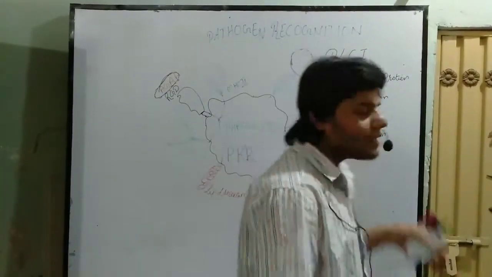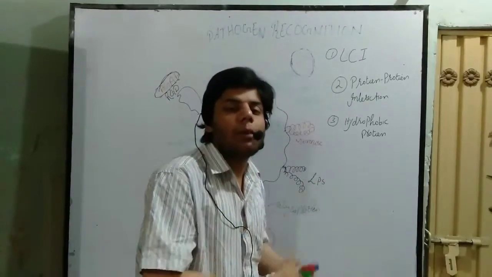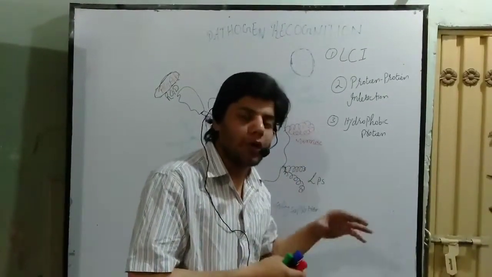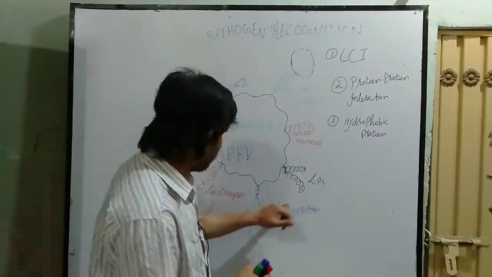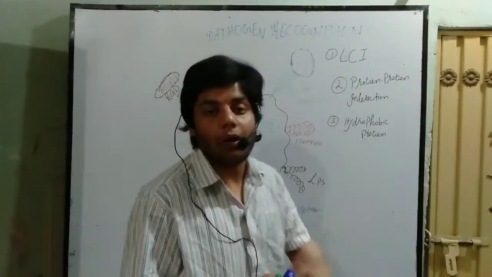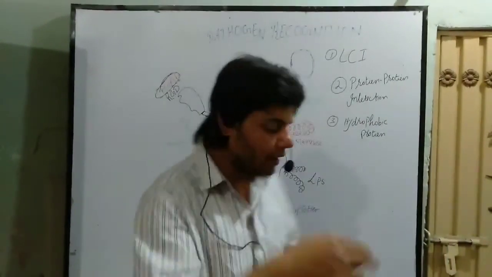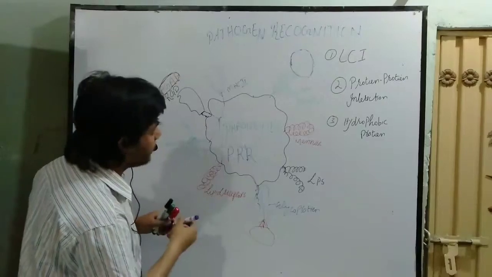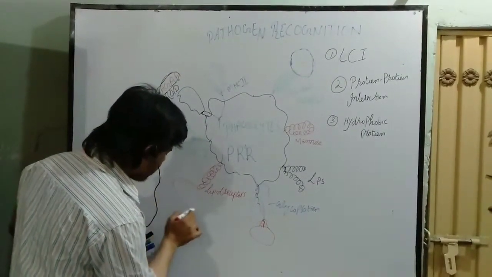Now this interaction usually happens between the glycolipids of the bacteria, meaning the lipopolysaccharide of the bacterial cell, and the lipid receptor of our immune cells, meaning our phagocyte cells. So let me draw the bacterial cell again here.